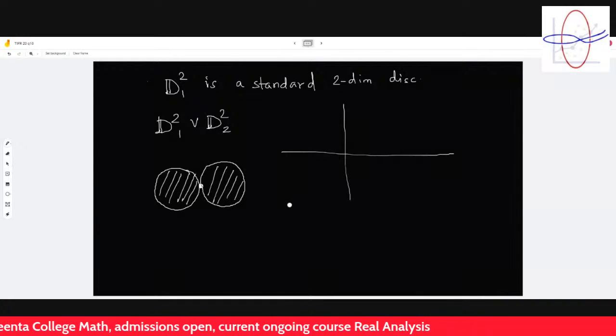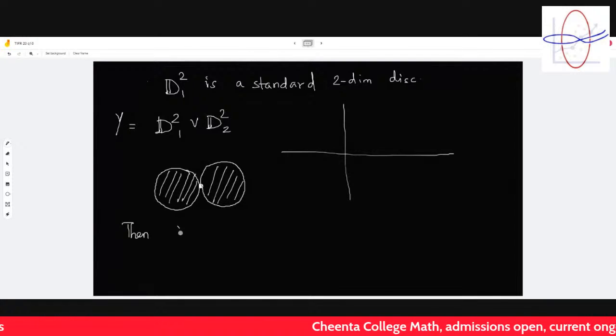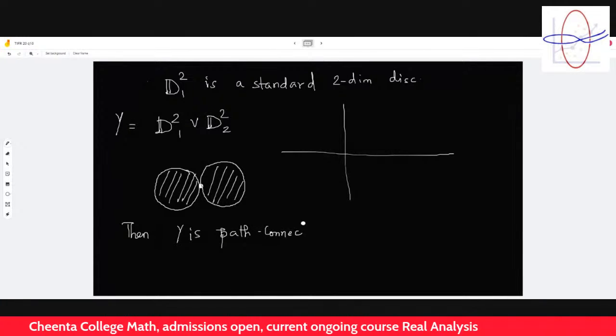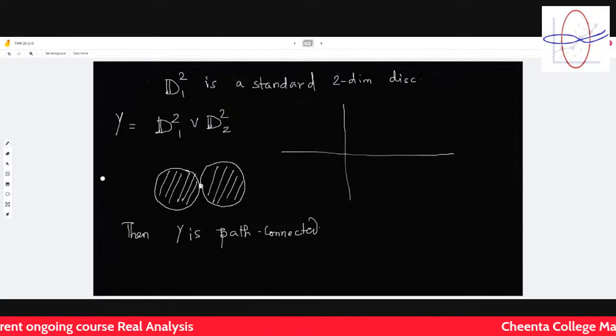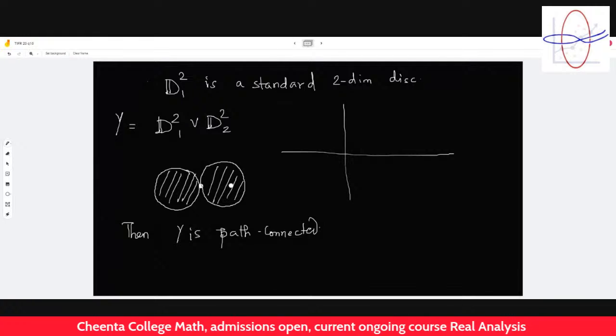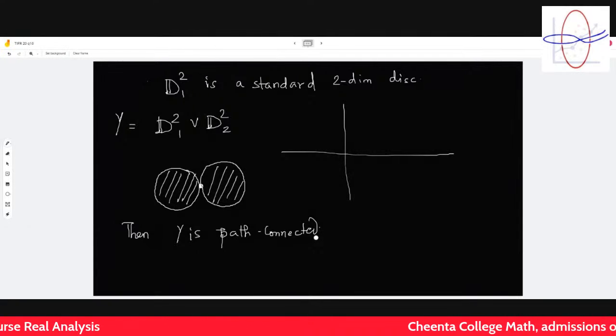Now, if I take this as my Y, then Y is path connected, right? Because D21 and D22 are both path connected individually, since these are disks. Now, since they have a point in common, D21 wedge D22 also becomes path connected.